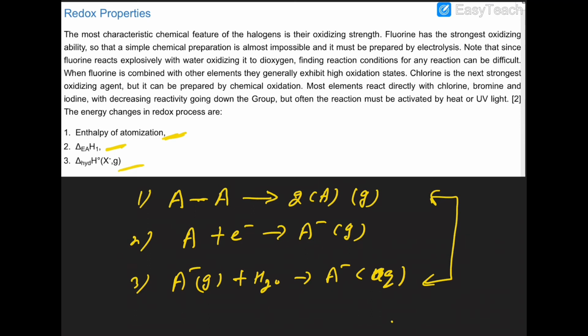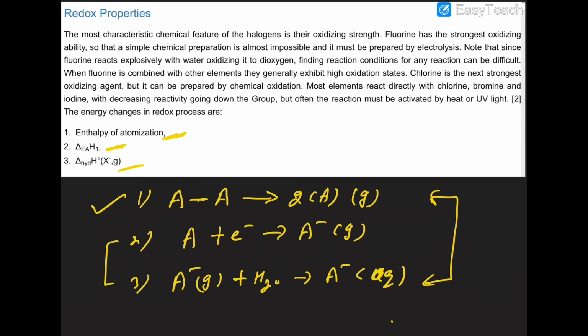Third, after the formation of the anion, that anion will undergo hydration, and due to the hydration, heat is released. So the first step is energy consuming, while the second and third steps are energy releasing steps.